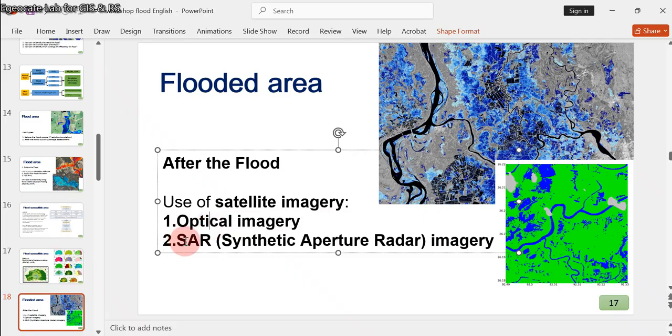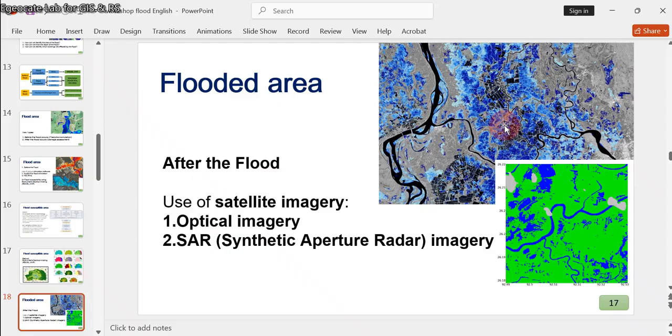But for radar satellite imagery, for example, Sentinel-1 or RadarSat are SAR imagery, or synthetic aperture radar, or radar imagery. And you can use this imagery and process it in GIS or Python-based software, or SNAP, or the remote sensing software, and you can just create this map.